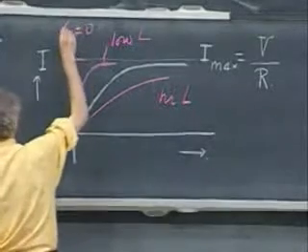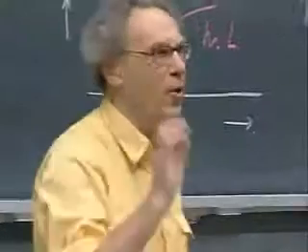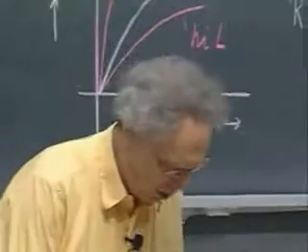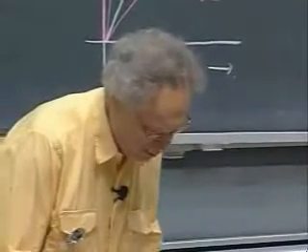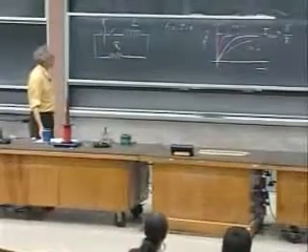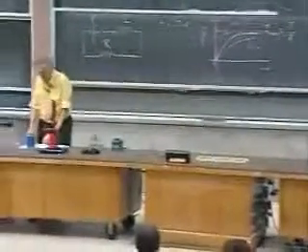But I just convinced you that there is no such thing as 0 self-inductance. There's always something finite, no matter how small. And so this is qualitatively what you would expect if you use your stomach and if you don't use your brains yet. There's nothing wrong with using your stomach occasionally. But now I want to do this in a more civilized way, and I want to use my brains.